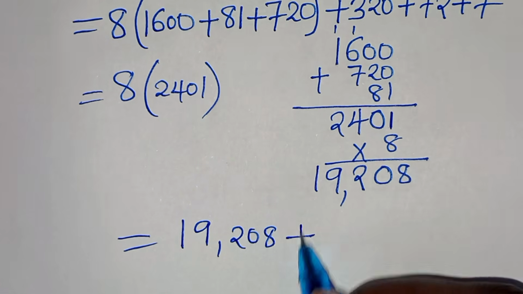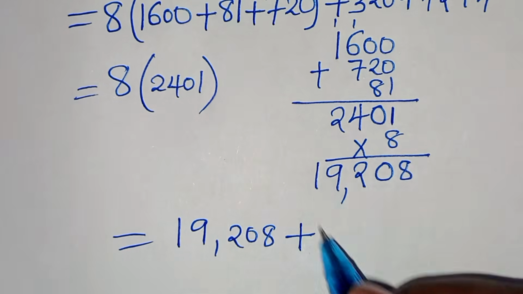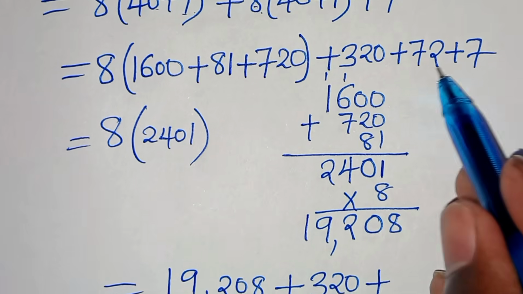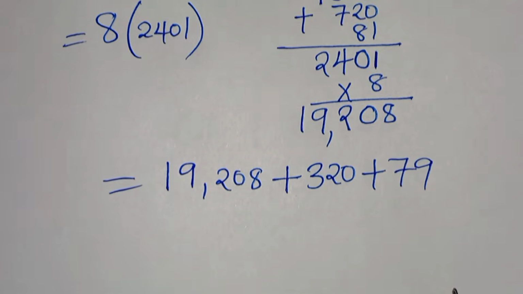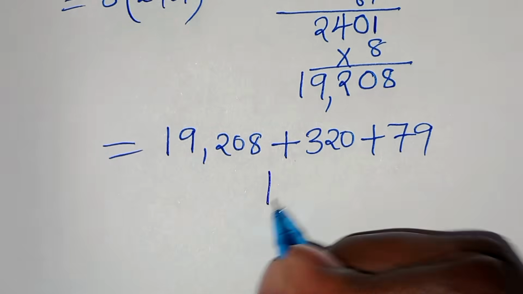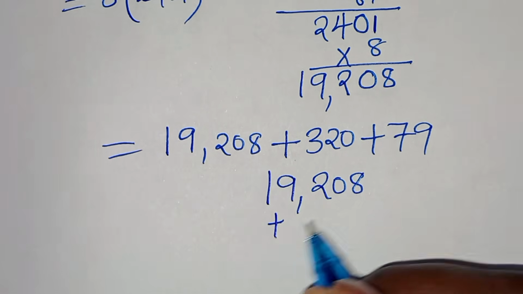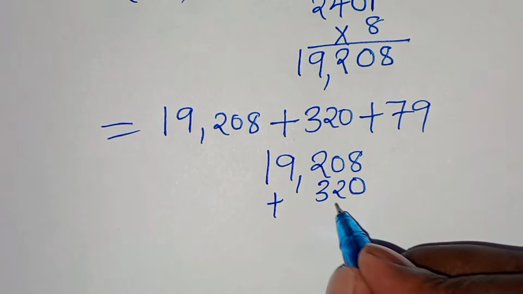Then plus, now we have 320. Then plus 72 plus 7, which is 79. So this means we have 19,208 plus 320, then plus 79.